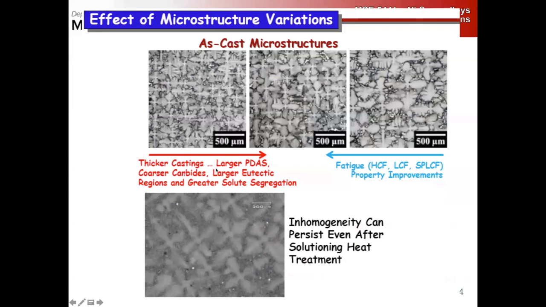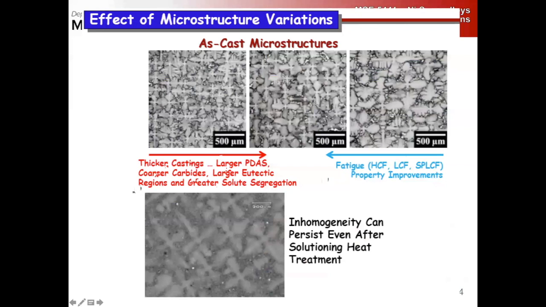Coarser particles, larger fraction of eutectic material regions, and greater solute segregation in between the dendrite arms, right? As we go to thinner castings, we solve these problems, but our fatigue life gets worse, right?